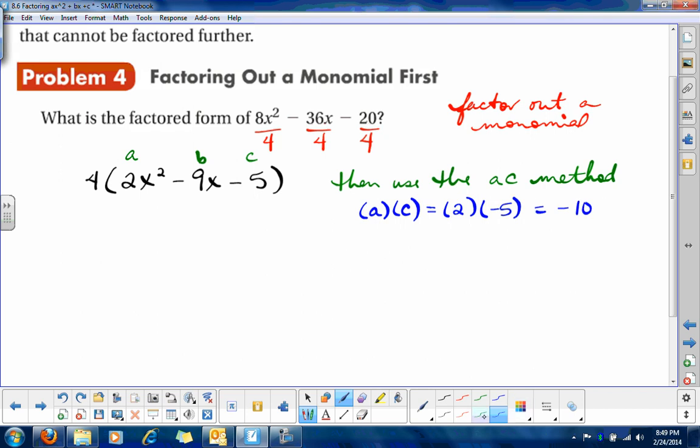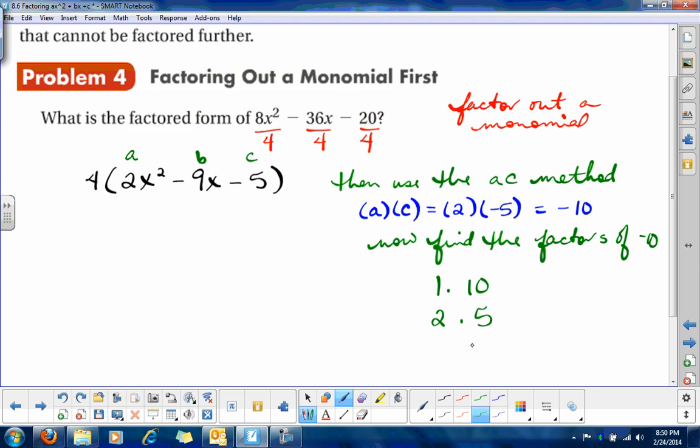So now we need to find the factors of negative 10. Of course, that would be 1 times 10 and 2 times 5.